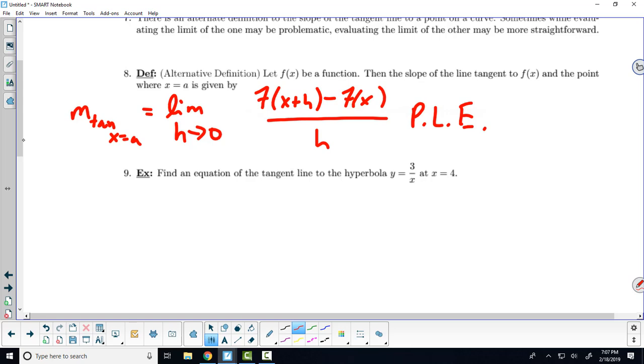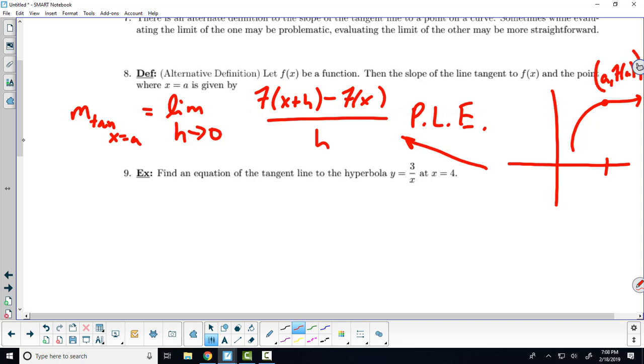Let me show you in a more streamlined way where we got this definition from. If here we had a curve, and we're talking about this ordered pair right here, a comma f of a, and we're trying to approximate the slope of the tangent line right there. So we took some other ordered pair right here.